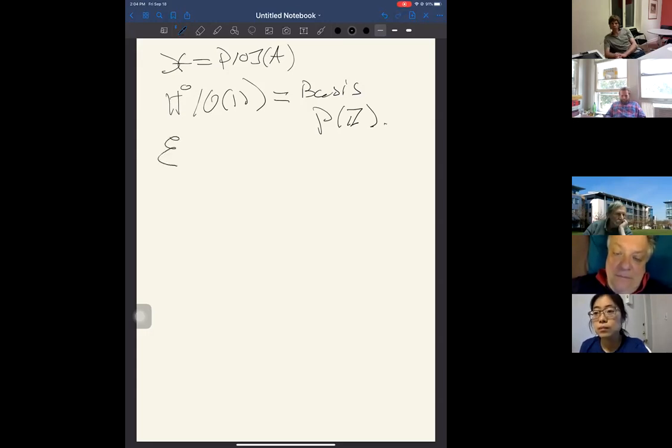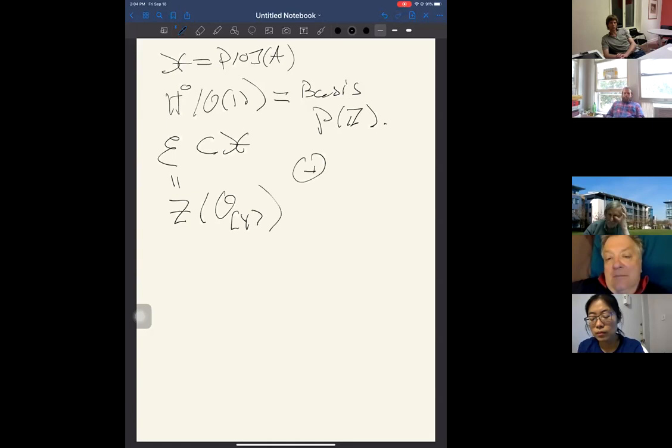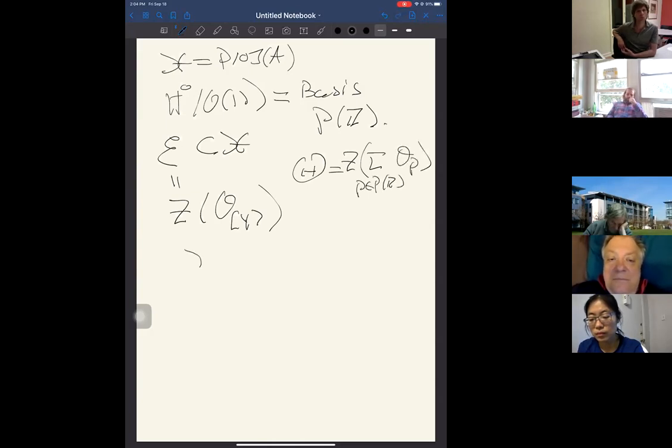I take E inside of X, the divisor which is the zero locus of this special point, the interior point. And I take Theta to be the zero locus of the sum of all the basis elements, p in P_Z, of theta_p. So now I have a family (X, E, Theta) living over the toric variety for the Neff cone of Y.